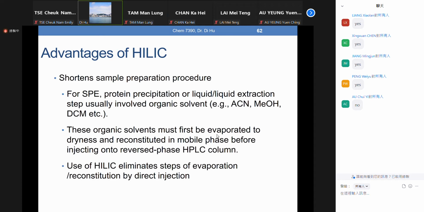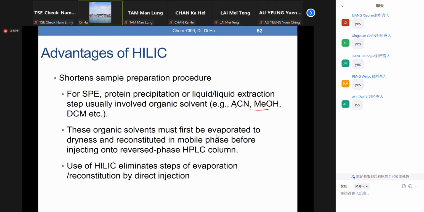If you use reverse phase, you may have to evaporate the organic solvent and reconstitute the sample in the mobile phase before injecting into the HPLC. Because normally in reverse phase chromatography, we start with a higher level of mobile phase A, solvent A, which is normally the aqueous phase, so a high fraction of aqueous phase.